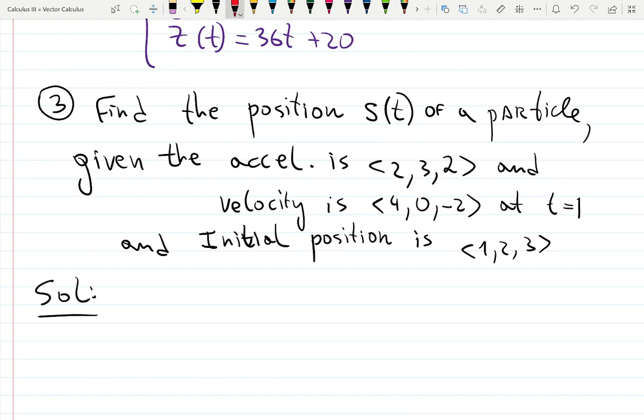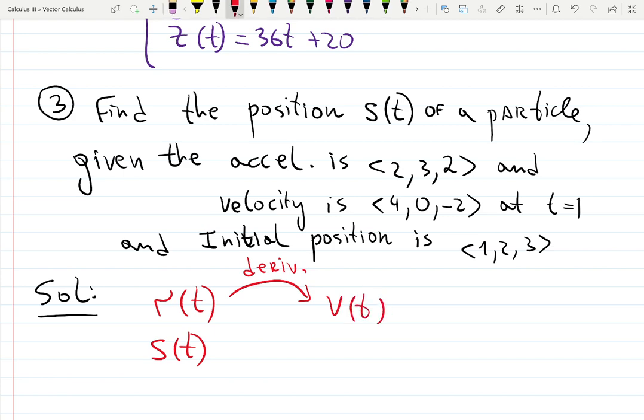The idea is when you have R, or S, so R in vector calculus, S in physics, that is a position. You differentiate, take the derivative, and you get your velocity. You differentiate again and you get your acceleration.